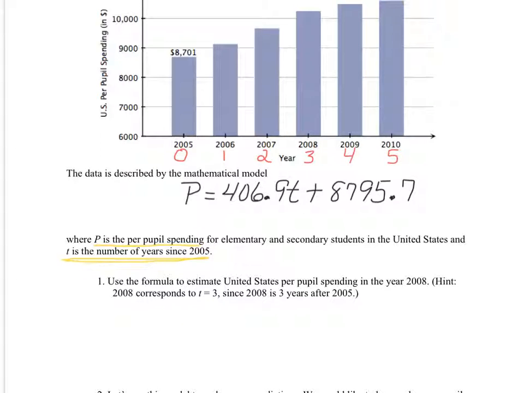That's what they're asking us to do. Okay, so we have P equals 406.9 times 3 plus 8,795.7.